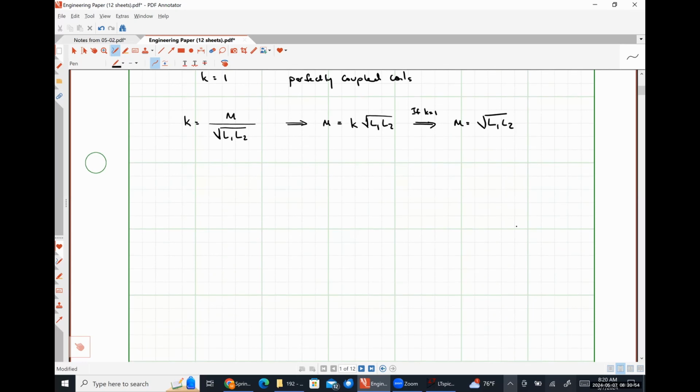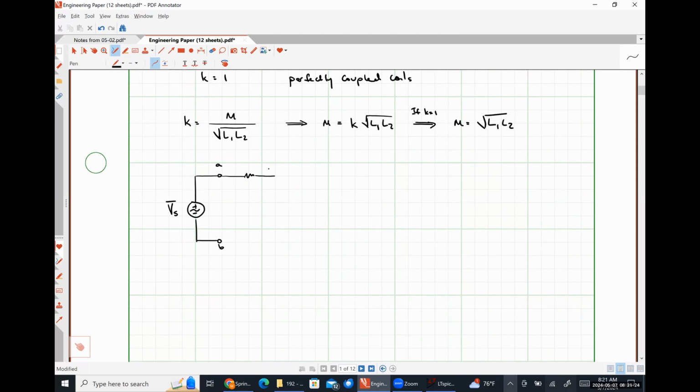So a more realistic transformer circuit might look something like this. In the frequency domain, we would have some source voltage applied to terminals A and B, like so.